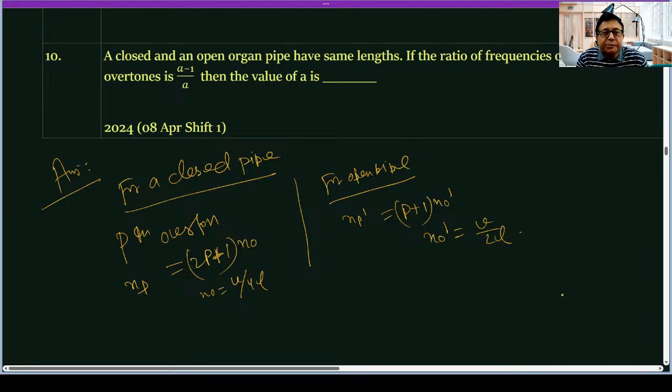They have given the ratio of the frequencies of their 7th overtone.